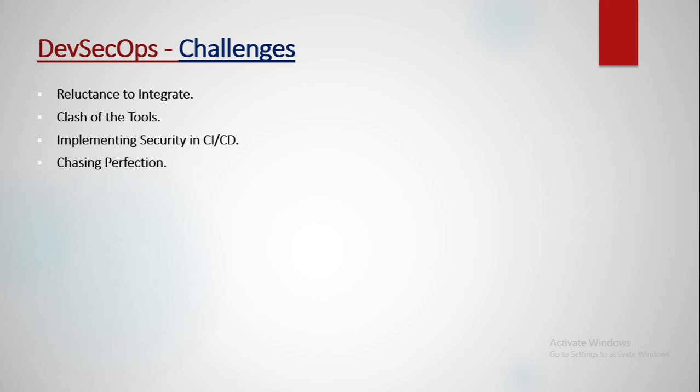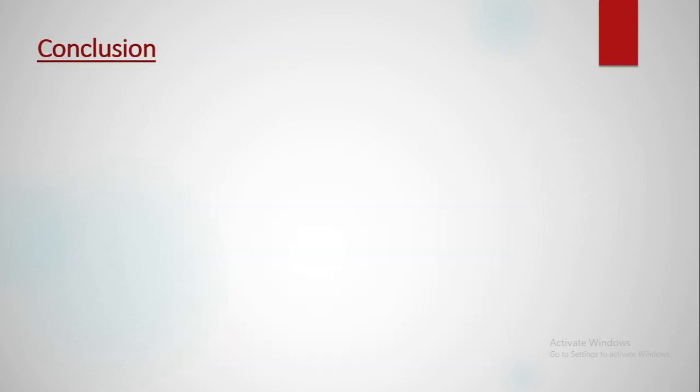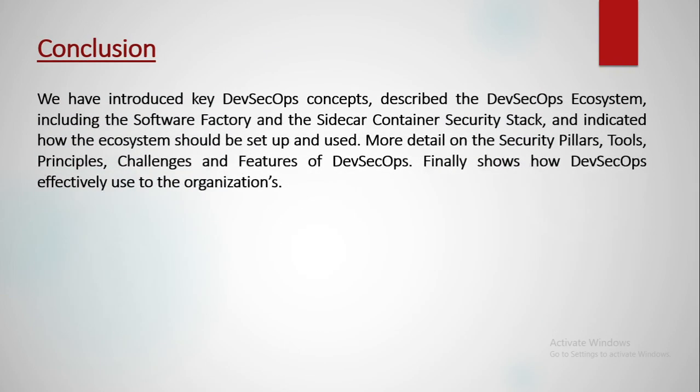Now we will move to the last chapter, the conclusion part. Actually, through this document, we have introduced key DevSecOps concepts, described the DevSecOps ecosystem, including the software factory and the sidecar container security stack, and indicated how the ecosystem should be set up and used.